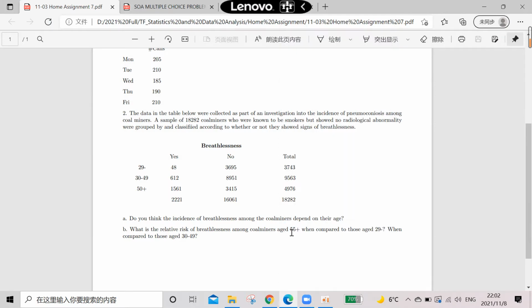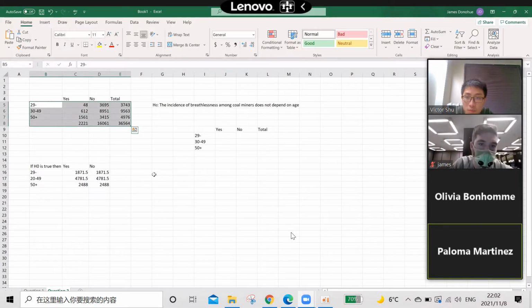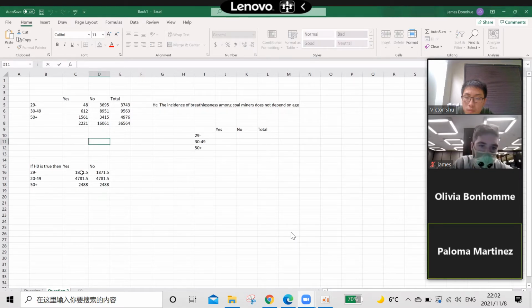My question is where do you go after you find the values comparing 29 to 30 to 49, or 30 to 49 to 50 plus, or 29 to 50 plus? How do you compare all 3? Because in the example in the PowerPoint, there's only two groups to compare.